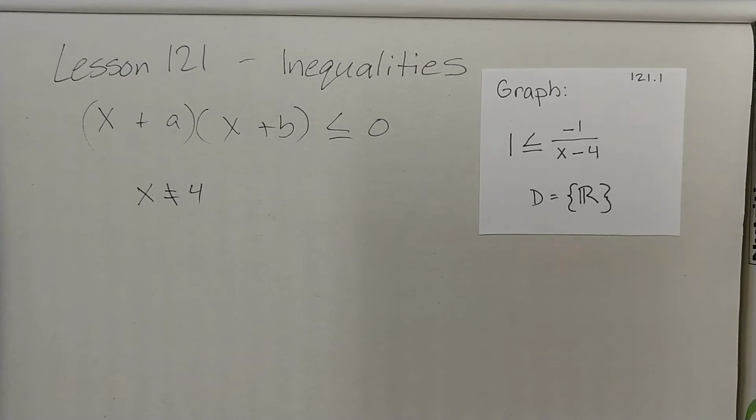To get that x out of the denominator, we need to make sure that we have a positive number, so we're going to square that value, because we know that a squared value will always be positive. If we multiply by a negative number, we'd have to flip the inequality sign, but we don't know if it's negative or positive, so we can't do that. We need to make sure that we're multiplying by a positive number.